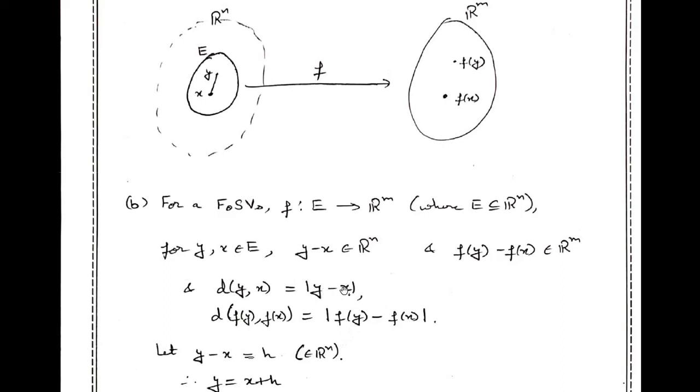As y tends to x, we look at the difference f(y) minus f(x), the change in f per unit change in y and x. That becomes the rate of change as y comes closer and closer to x, and we get the corresponding concept of differentiation of function f at point x.